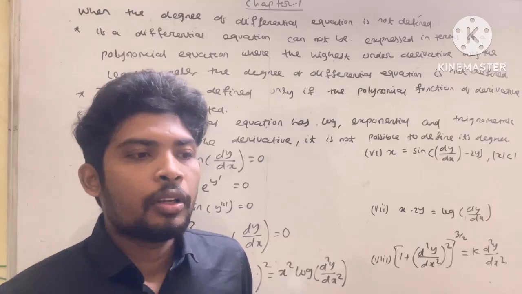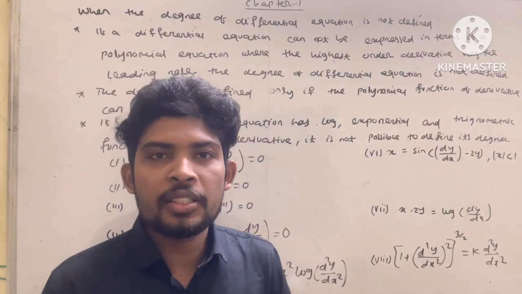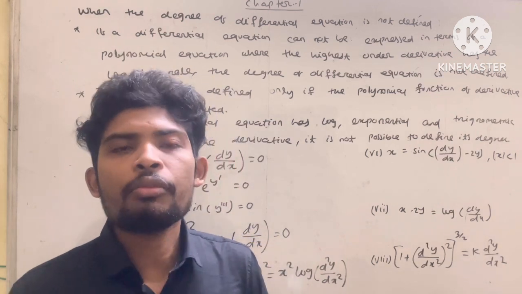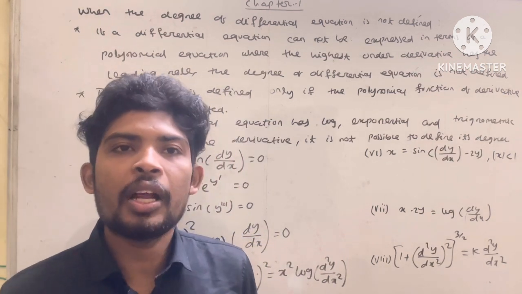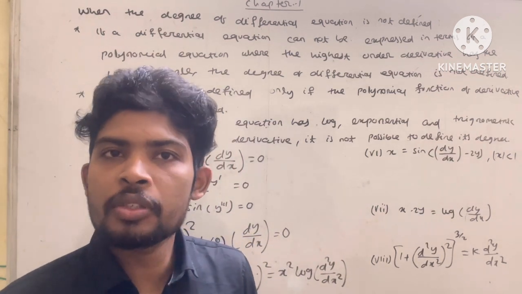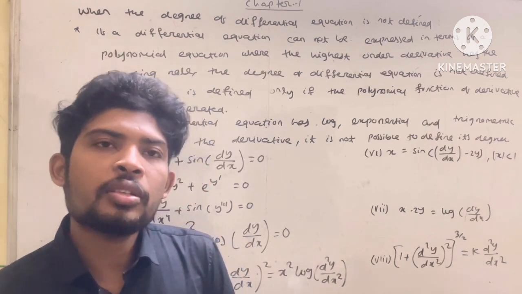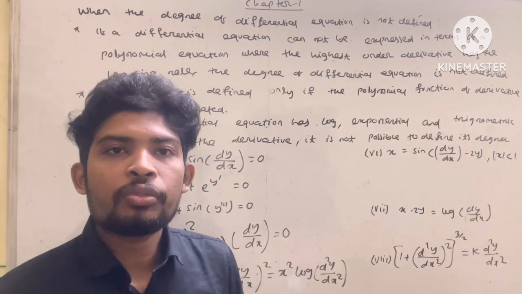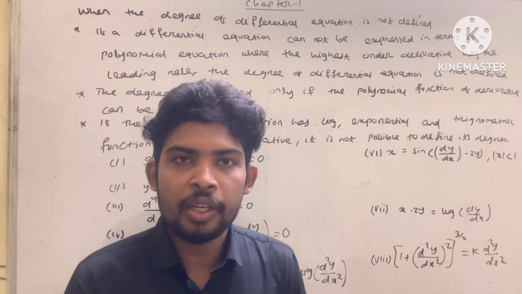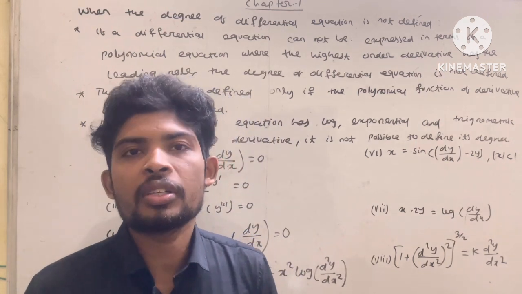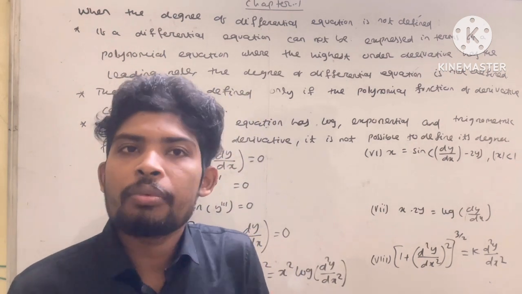Let's see. A question always arises: can we find the degree and order of every differential equation? The answer is simple. The order of any differential equation can be defined, but the degree cannot be defined for every type of differential equation.